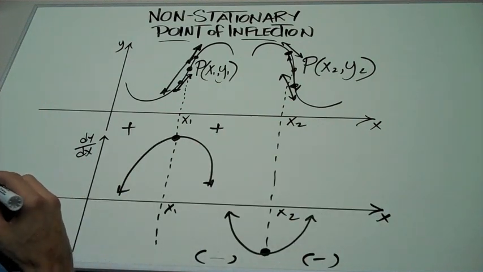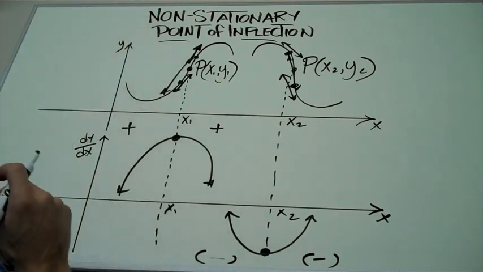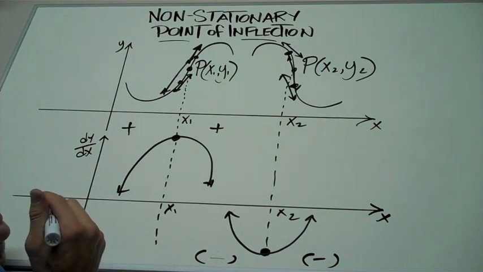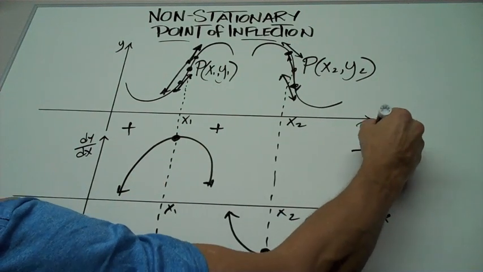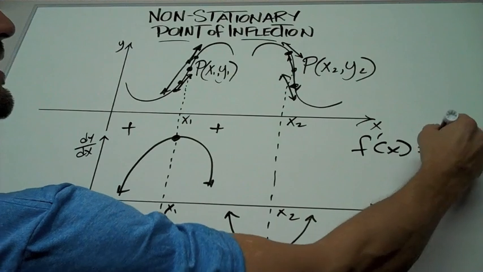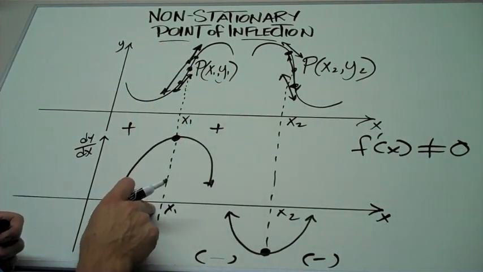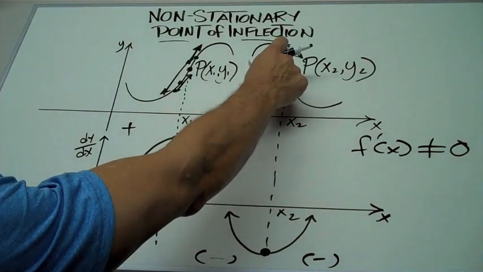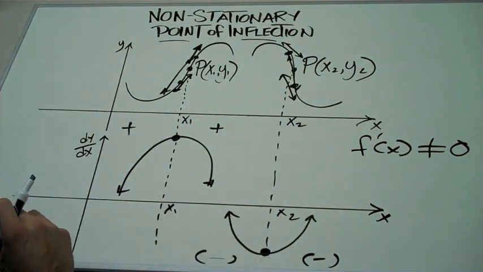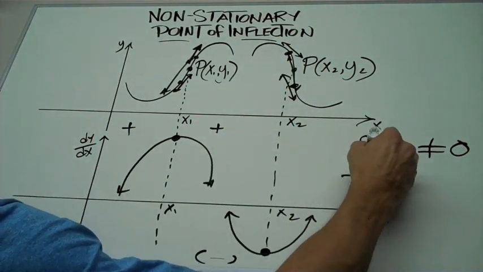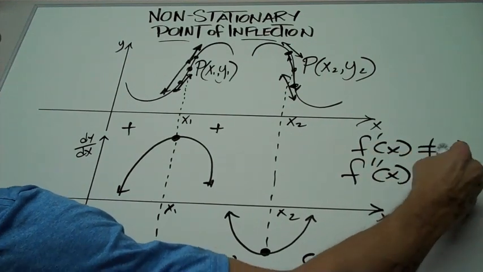We can also make a statement about non-stationary points of inflection. That is, our first derivative at the point in question is not equal to 0. We can see this is the most positive. It's not down here at 0. It's the most positive. We see this is not 0, but it's the most negative point. And let's take a look at the second derivative here.